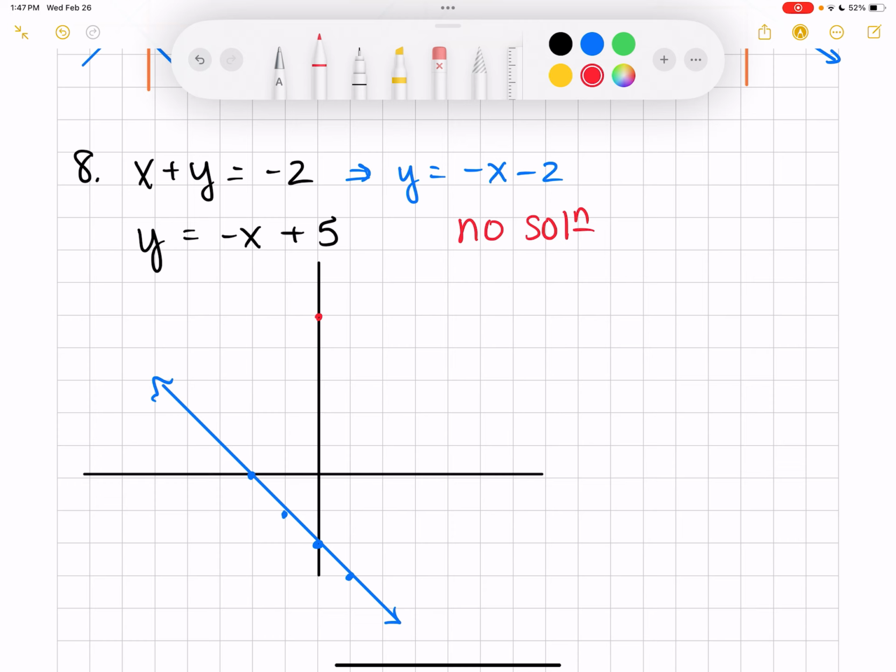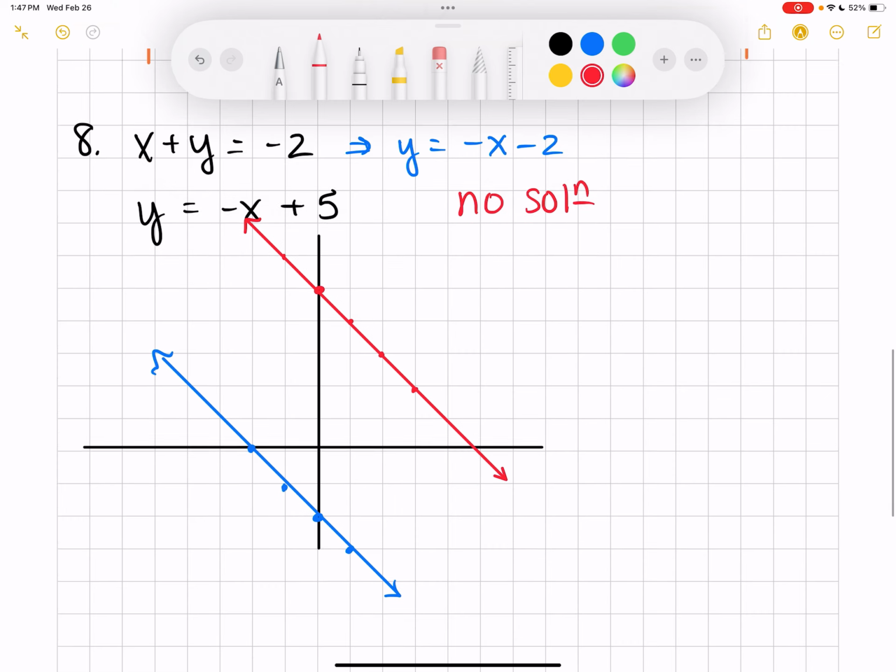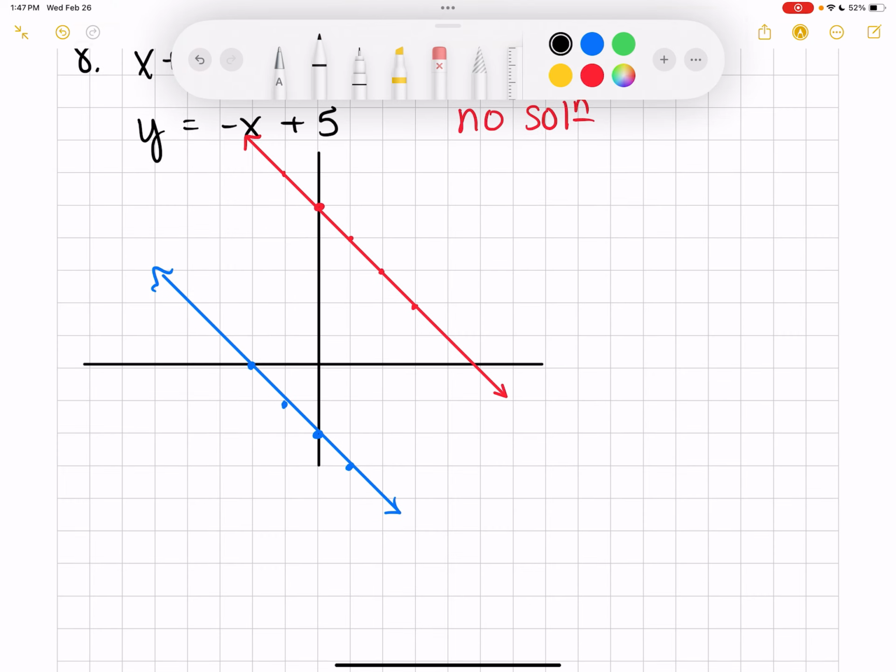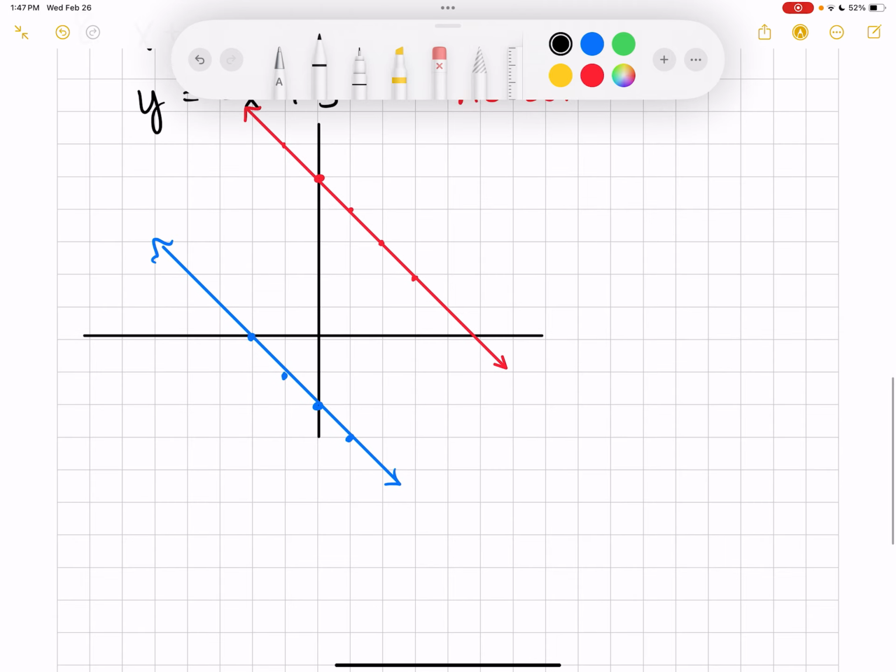And it has that same slope of -1, so I can go down 1, right 1. If I want, I can go up and back, however I want to do it. And connect it. And I've got parallel lines that are not going to intersect. Any questions on that one? All right.